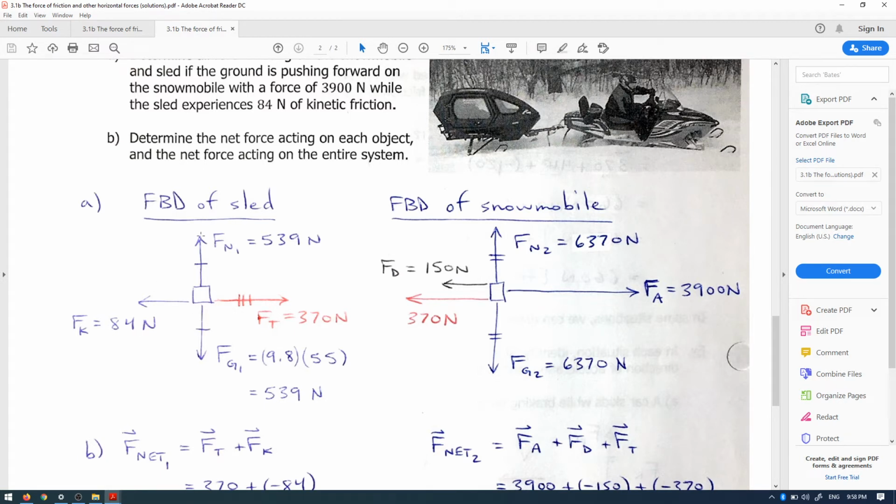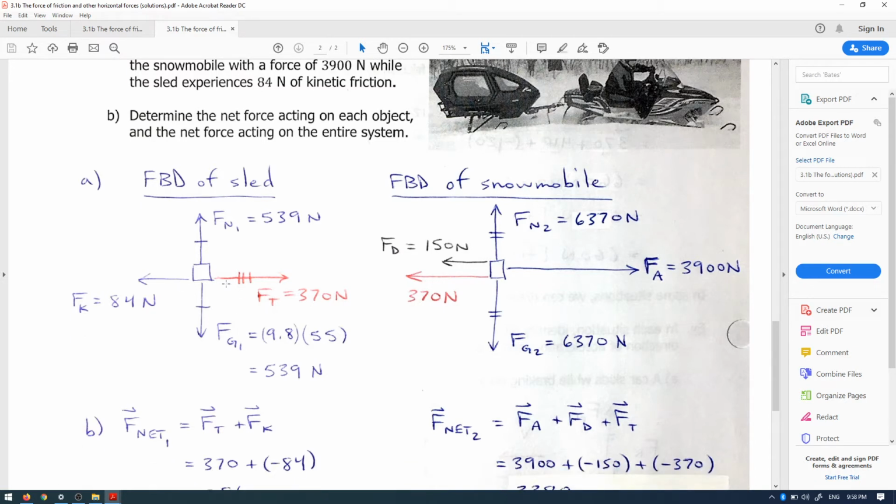It's got a normal force, a contact force of 539, but where did that 539 come from? Well, the 539 up top came from the fact that it balanced in the vertical with the gravity force. The gravity is mass, which is 55 kilograms times 9.8. So you have the free body diagram of the sled, and you've got all the forces applied.